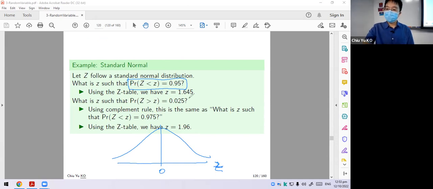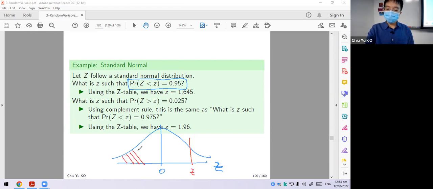You will immediately see it shouldn't be on the left-hand side. It must be on the right-hand side. The reason is that 0 is the middle point, the median. Left of 0 is 0.5, so it must be somewhere here.